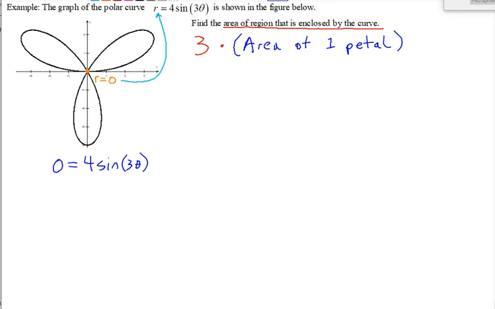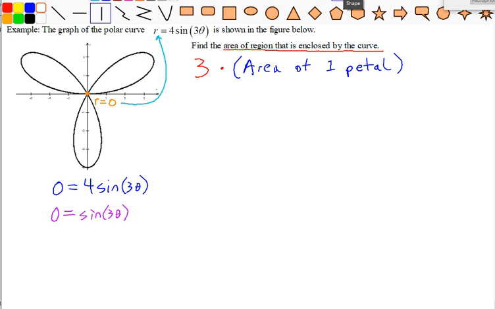But here you can just divide by 4, and we're really looking for where sine of 3 theta is equal to 0. So let's first figure out where sine is 0. Since we're not given a specific interval, there are a bunch of different places where sine is equal to 0.